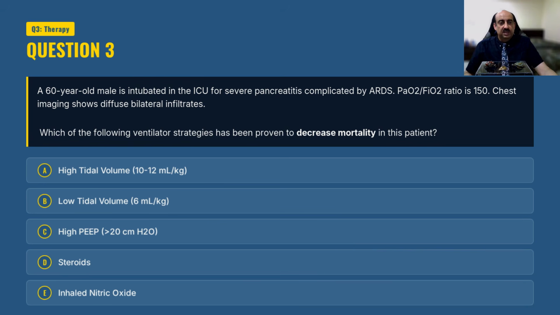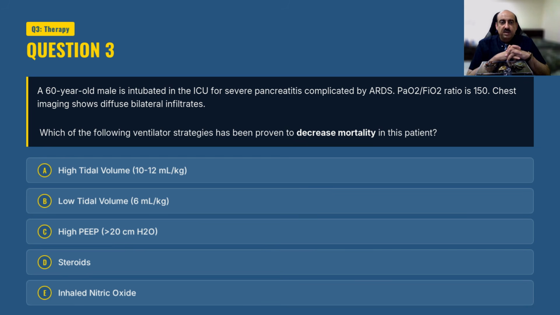Question number 3. A 60-year-old male intubated in ICU for severe pancreatitis complicated by ARDS. The ratio of arterial oxygen tension to inspired oxygen is 150. Chest imaging shows diffuse bilateral infiltrates. Question: which of the following ventilator strategies has been proven to decrease mortality in this patient?